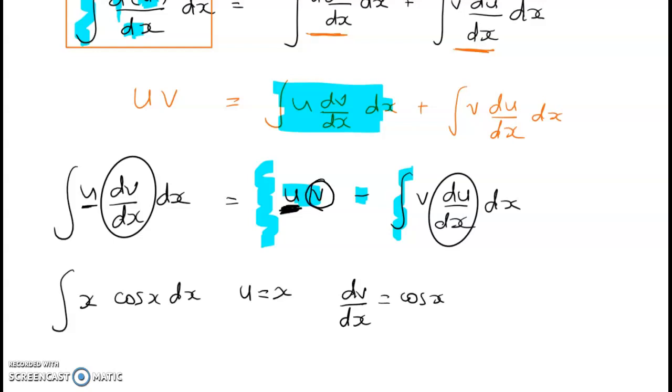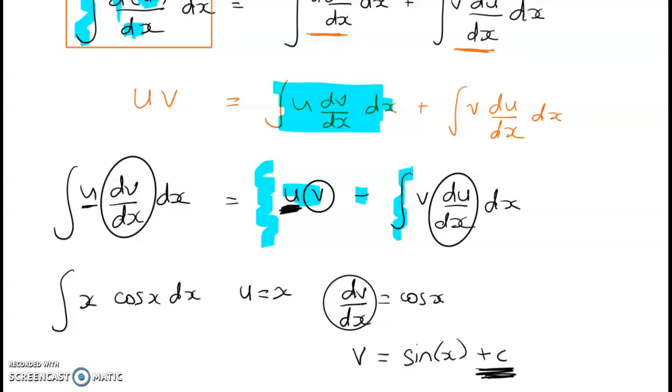And so in here we don't want dv by dx, we want v. And v is what we get when we integrate this, which is sine of x. Now all of the plus c's just end up washing out at the end, so don't worry about that too much. But I'll put that in there because to me it feels terrible to write an indefinite integral without a constant at the end. Okay, but that's what's going on.